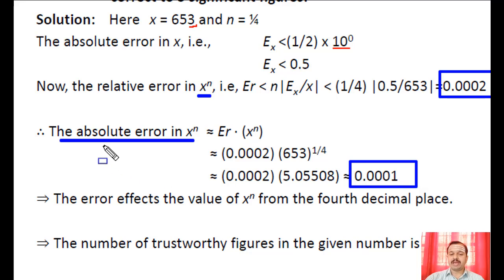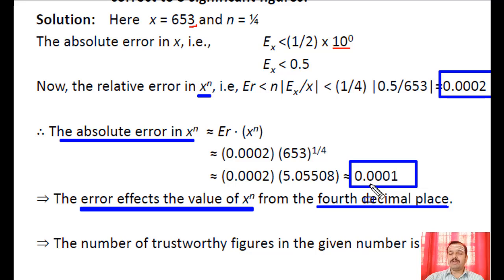I want to say that the absolute error in x to the power n starts at the 4th decimal place. Therefore, we can say that the error affects the value of x to the power n from the 4th decimal place; it starts with 1. Before that, all are zeros.